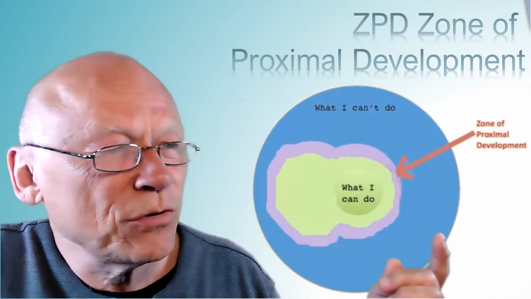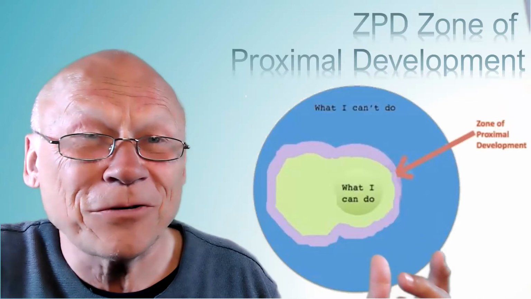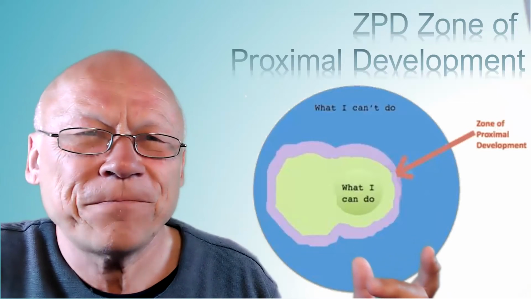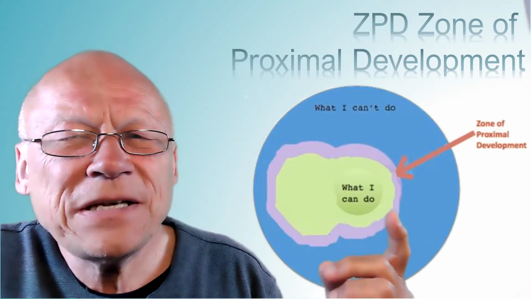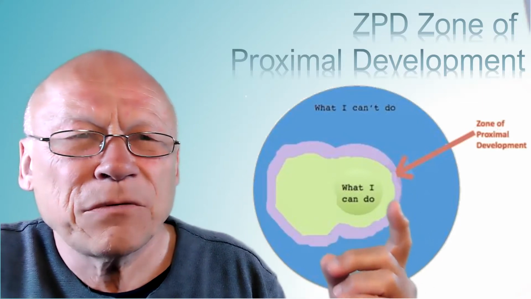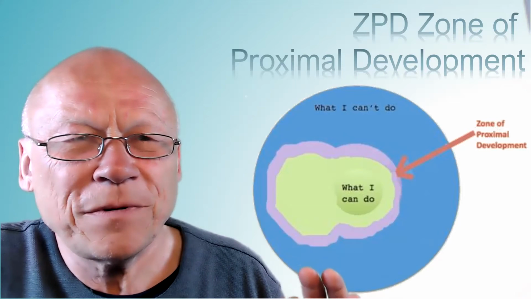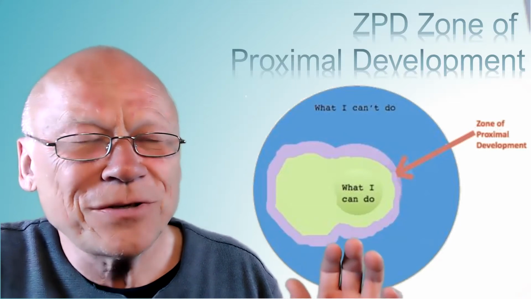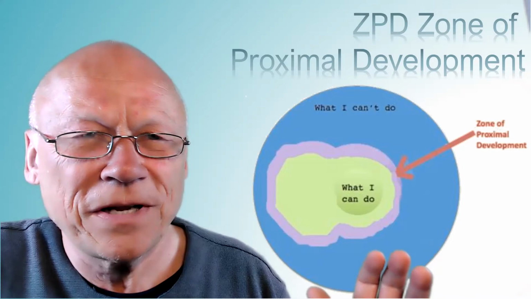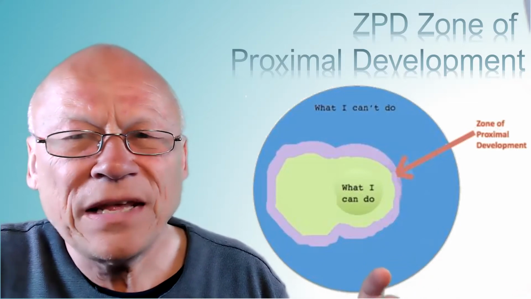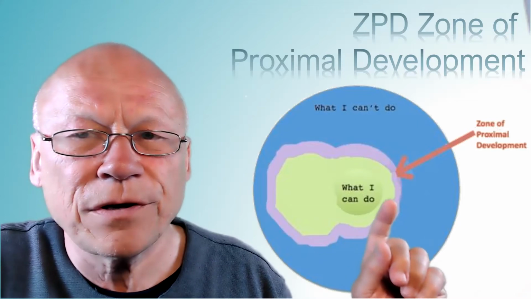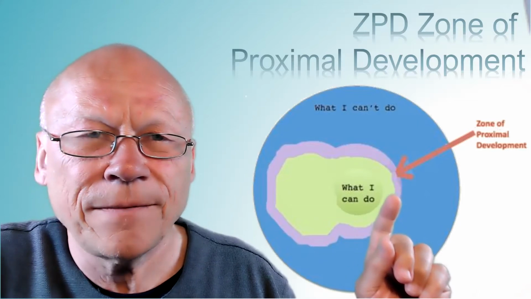And there's always also some things the student cannot do or doesn't understand. That's why they are students, they want to learn that. And there is an intermediate area here, which is called the zone of proximal development. And that is what students can manage to do if they get appropriate help, but they cannot manage that if they don't get that help. That's where we should focus our teaching and learning efforts.